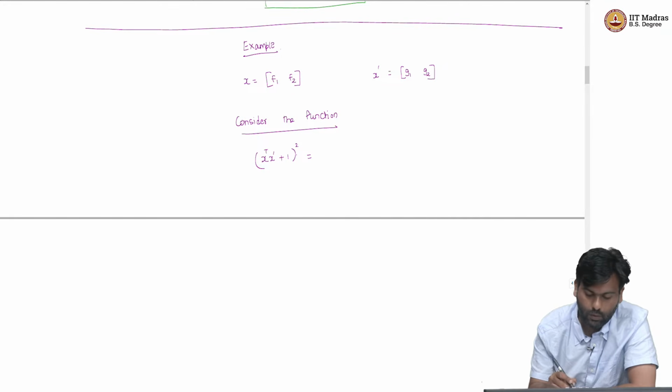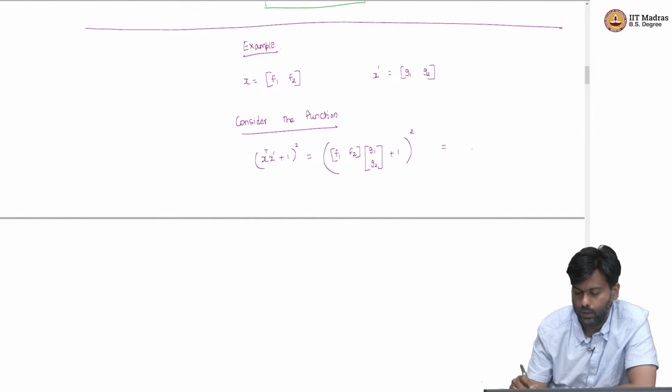So now what is this? This is just ((f1, f2) dot (g1, g2) plus 1) whole square. This is the dot product. Now that is (f1 g1 plus f2 g2 plus 1) whole square.